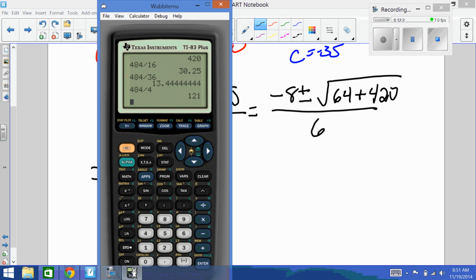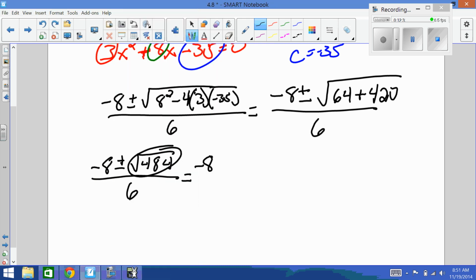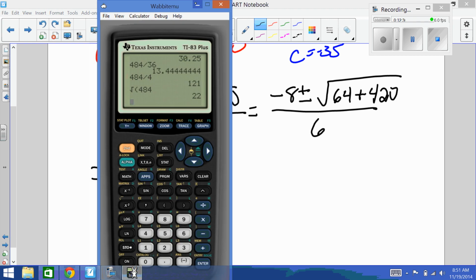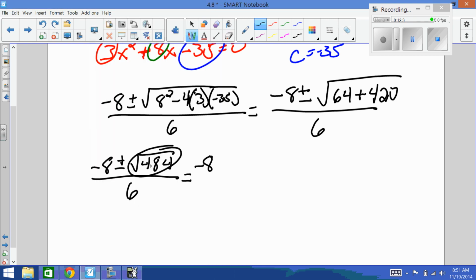Let's just see if the square root of 484 is a perfect square. Yes, it is, folks. So the square root of 484 is actually 22. That was a perfect square.